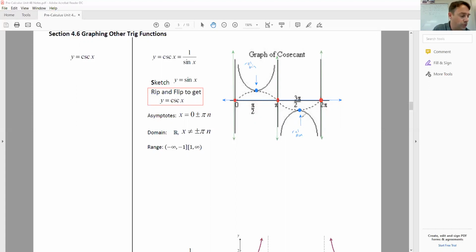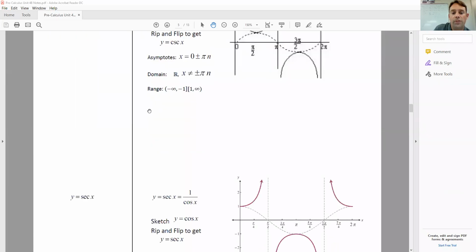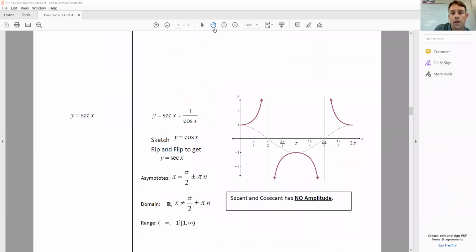So what we're going to end up doing here is graph sine, and then rip it along the midline to create cosecant. Likewise, we're going to do that same thing here with cosine. Since it's the reciprocal of cosine, we're going to rip and flip cosine to get secant.